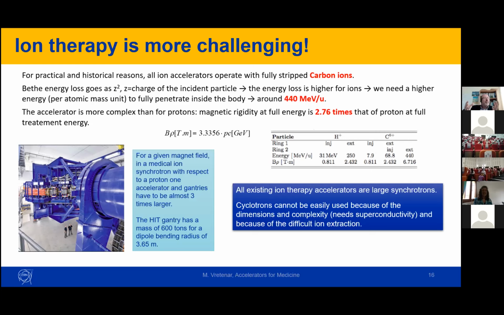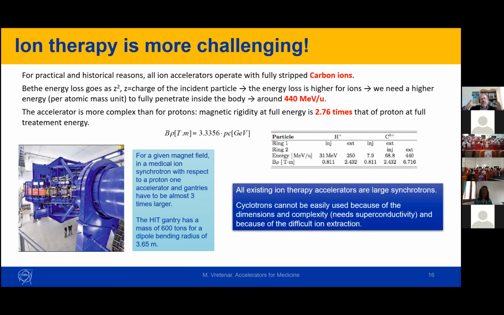For a given magnetic field B, the difference in energy between protons and ions is such that you need about 2.8 times higher radius with ions than with protons. So if you do nothing, you just scale a synchrotron.